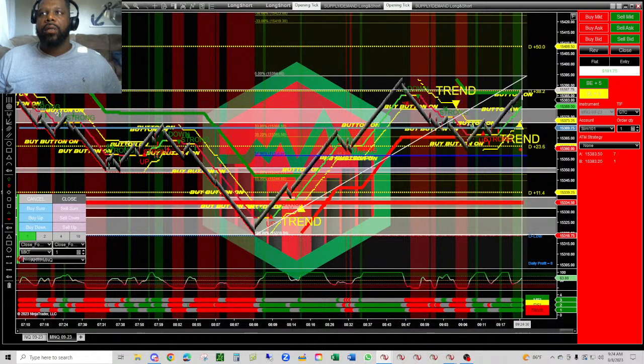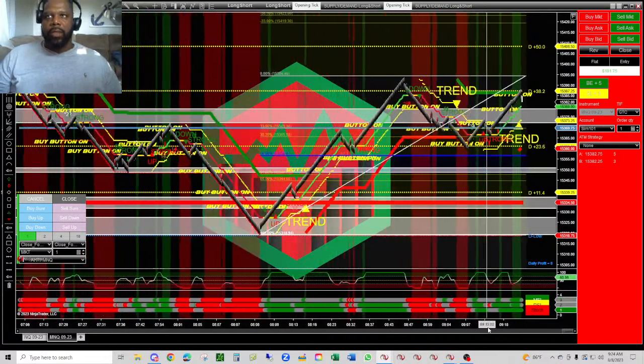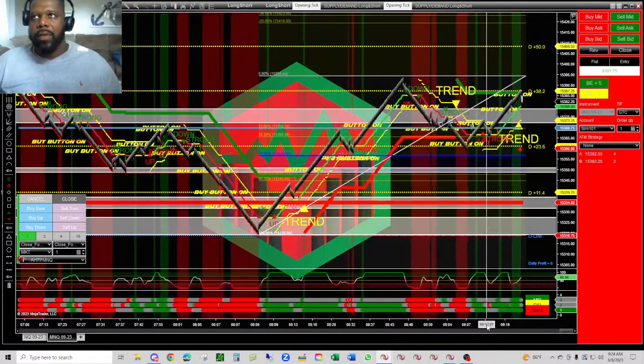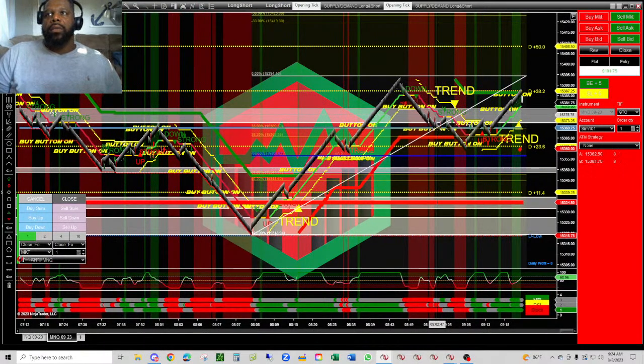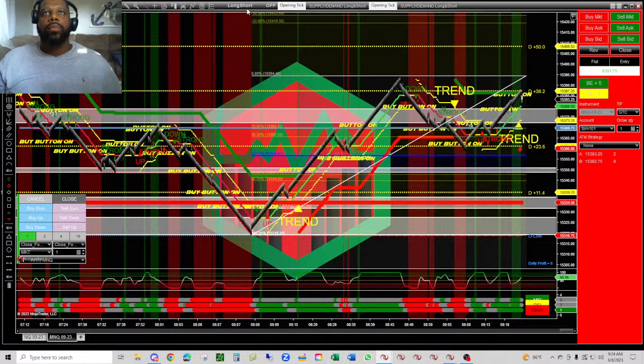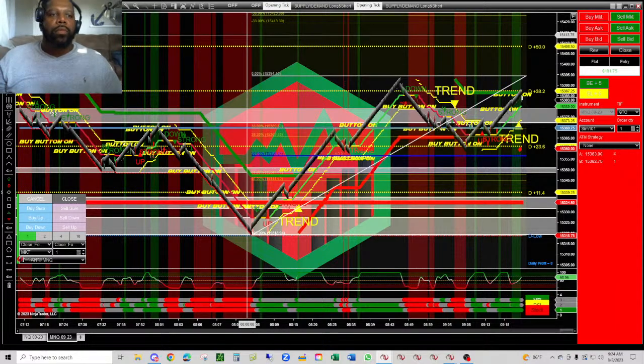This is gonna make a lower high, which could be a formation of another downtrend. But we'll see. Button off. Want to see what they're gonna do.